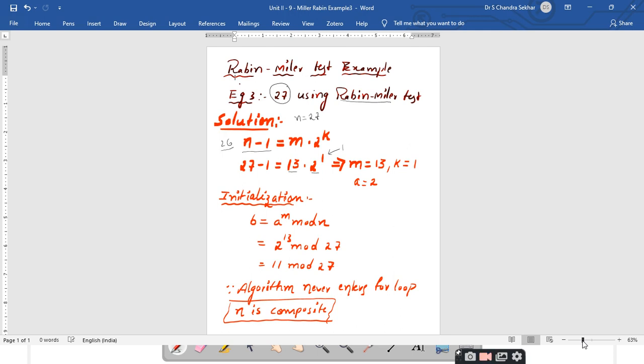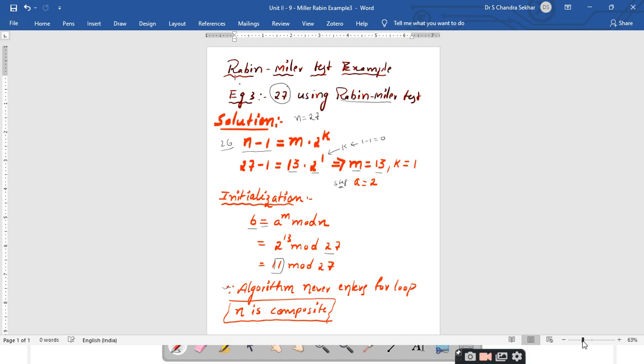So this is the value of k, and how many times do you have to iterate? K minus 1 times, so 1 minus 1, that is 0 times. There is no need to go for the loops. Here the m value is 13, and I take the base value a equal to 2, and calculate b by the formula: b is congruent to a power m mod n, that is 2 power 13 mod 27, and I got the value 11 mod 27.